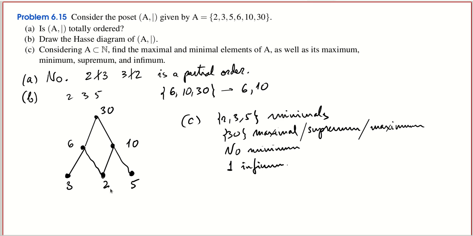Actually, to any subset of the naturals, 1 is a lower bound, and it is the largest lower bound here, because 2 is not a lower bound already. Okay, so 1 is the infimum, and it's not a minimum, right? Because there's no minimum, right? It does not belong to the set.